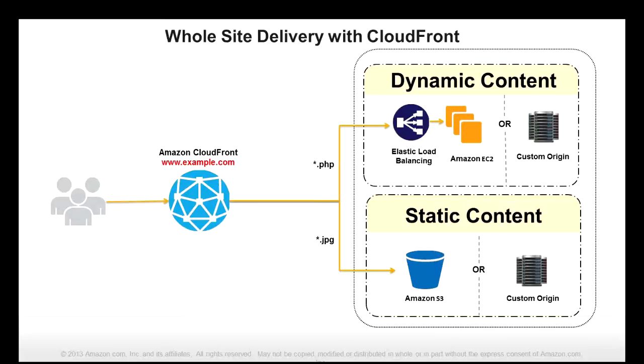And their CloudFront distribution is configured to go to that same dynamic origin servers for the start.php path and the same static origin servers for the start.jpg path. But from an end user's perspective, they are downloading everything from the CDN and getting the benefits of low latency and scalability when this application does become popular.